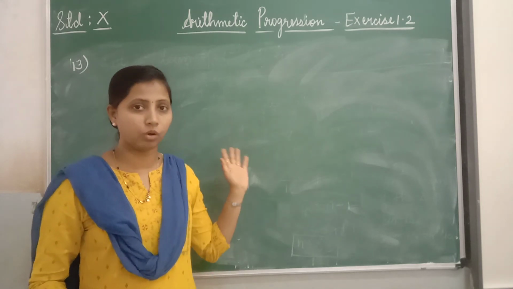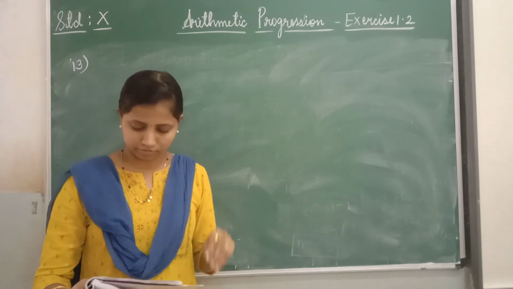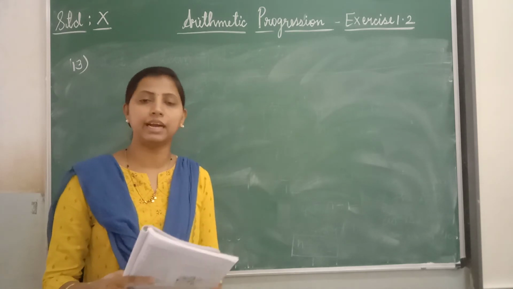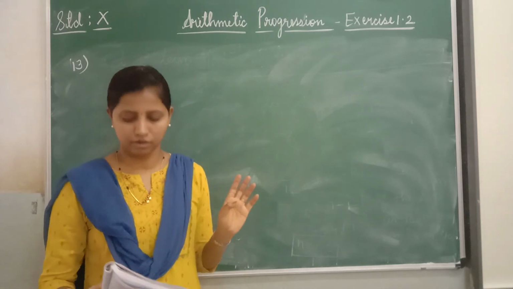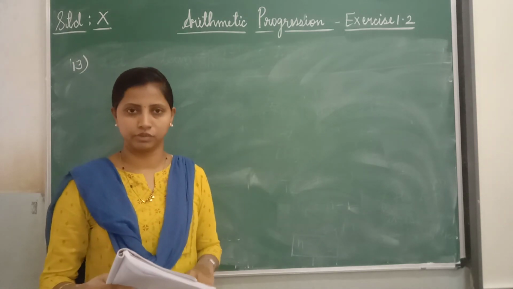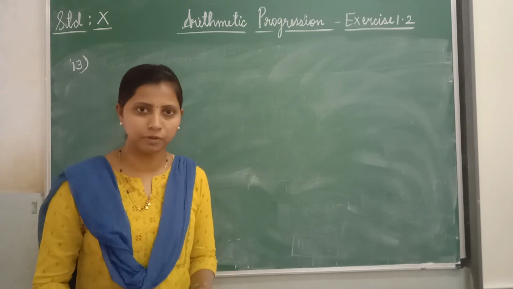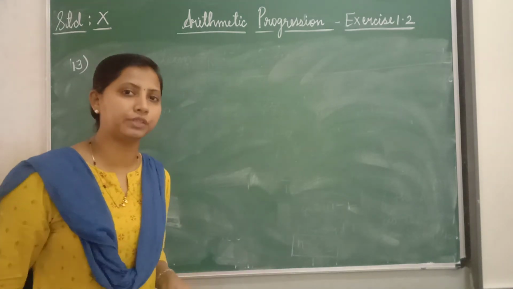So you have to write all the multiples of 7. Multiples of 7 will be divisible by 7. So write all the 3-digit multiples of 7.